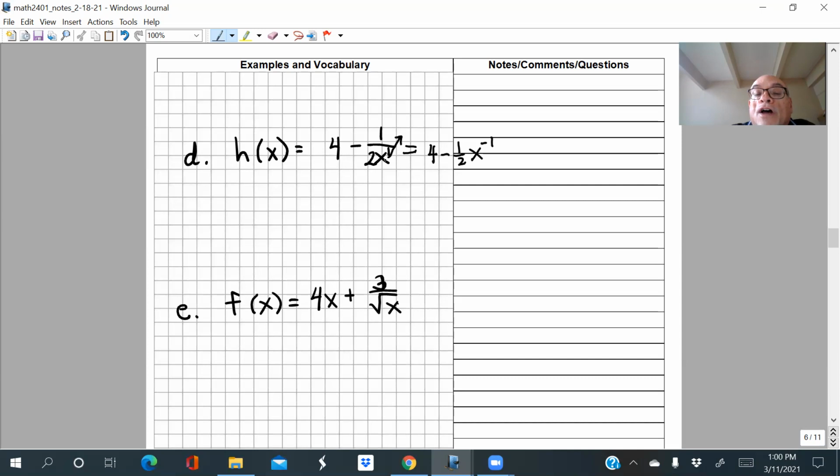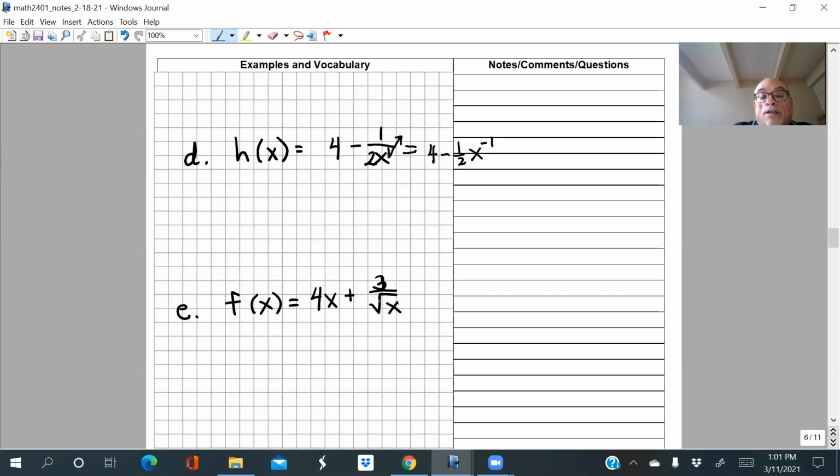When you move X from the bottom to the top, denominator to numerator, you can do that by changing the sign of its exponent. Do not pull the 2 up though, okay? Just leave the 2 in the bottom. So you still have 1/2 here, X to the -1. Now it's very easy to apply our differentiation rules to find the derivative here, okay?